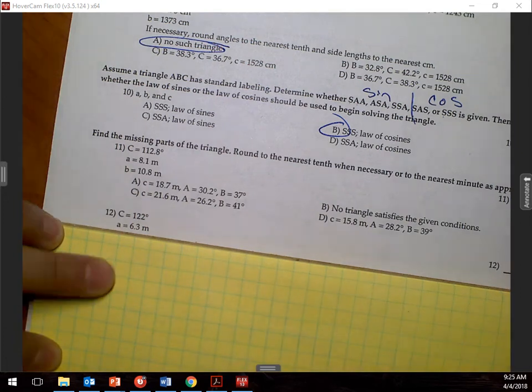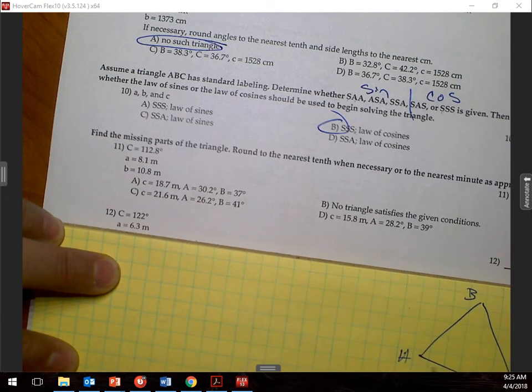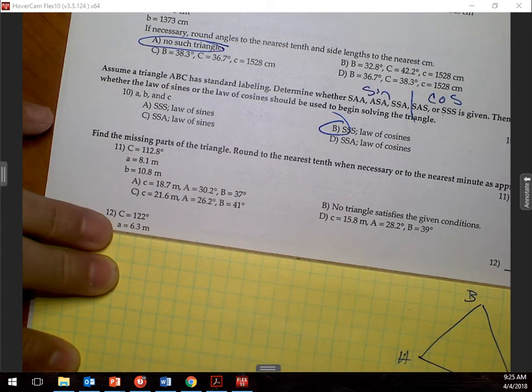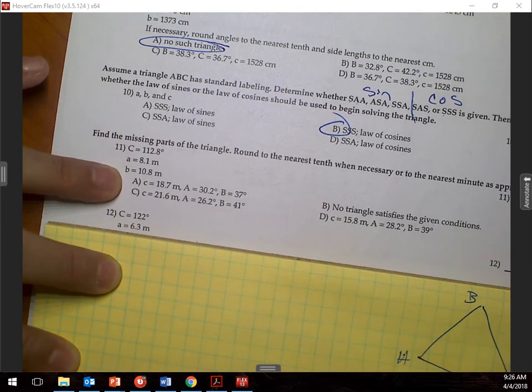Okay, so again, triangle. We need little c, big A, big B. There we go, we have big C, little a, and little b.